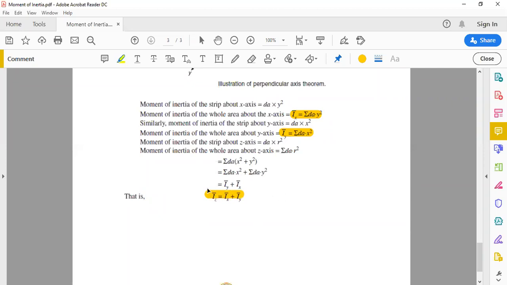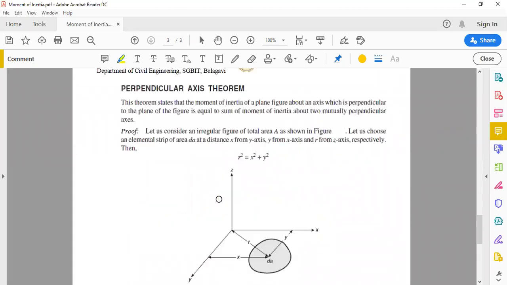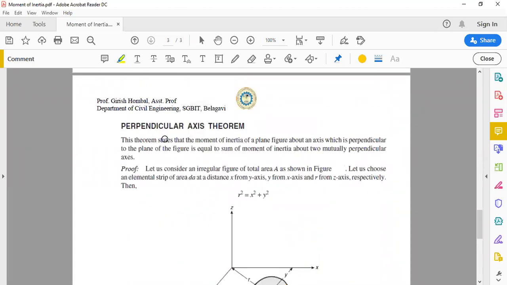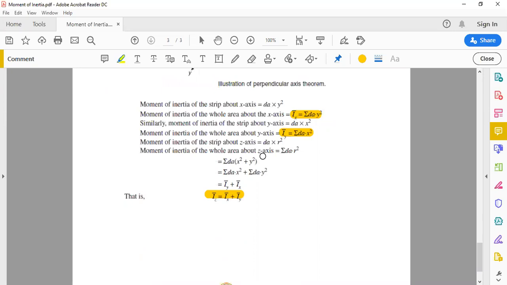So this is the perpendicular axis theorem. That is, moment of inertia about an axis perpendicular to the plane of the figure is equal to the sum of moment of inertia about two mutually perpendicular axes. Basically, this calculation is done by considering a right angle triangle, where r square is equal to x square plus y square.